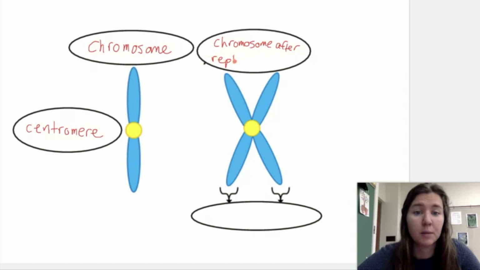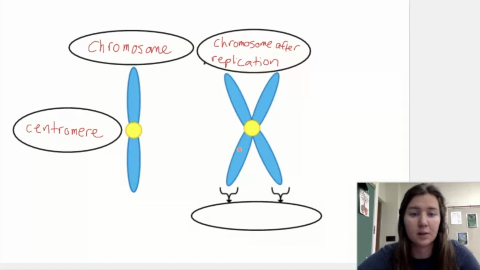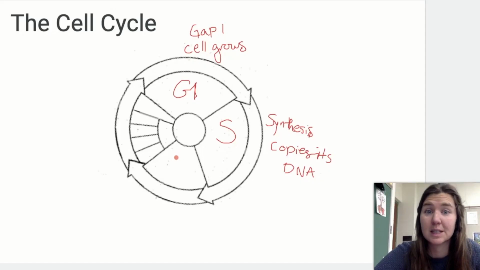When you make a replica of something, you're making a copy. So this is after DNA replication in S phase. And we call each of these halves sister chromatids, and they are an exact copy of each other. Okay, now back to the cell cycle.